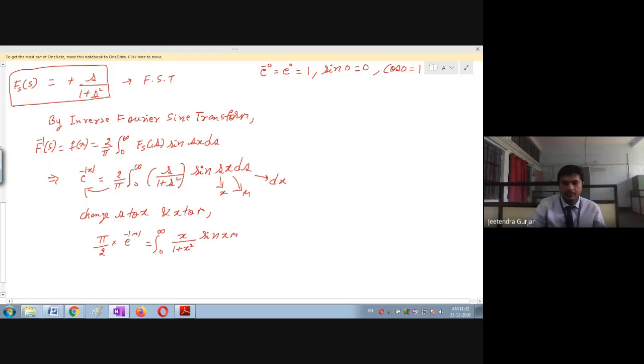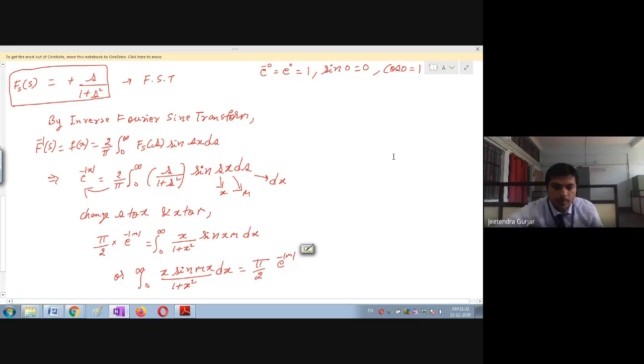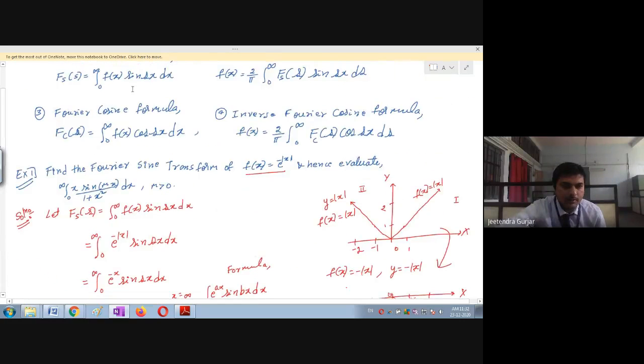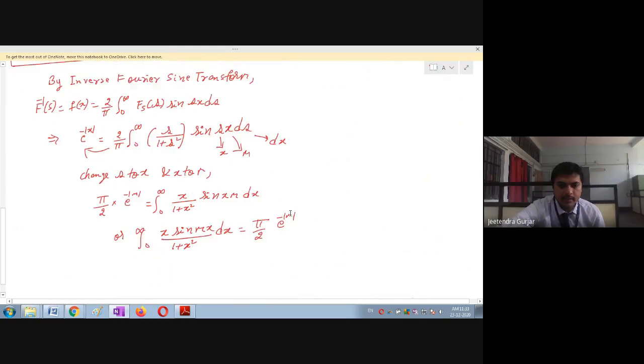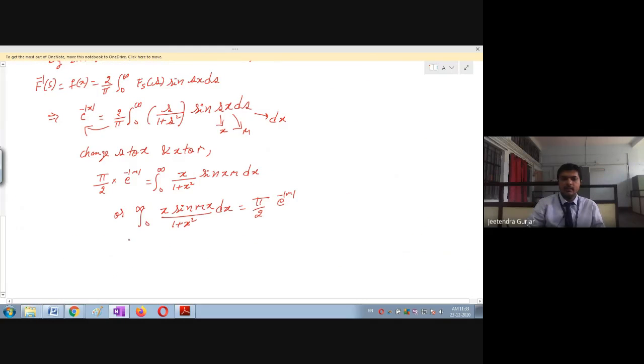So integration 0 to infinity x sine mx divided by 1 plus x square dx can be written as pi by 2 e raised to minus mod m. So please check, students, is it right? We have calculated the required integral, that is integration 0 to infinity x sine mx divided by 1 plus x square dx, for m greater than 0. So this is the answer we get, students.